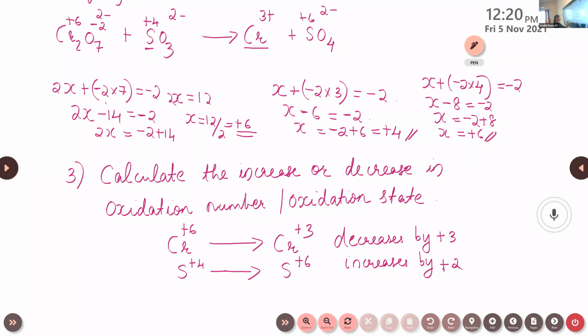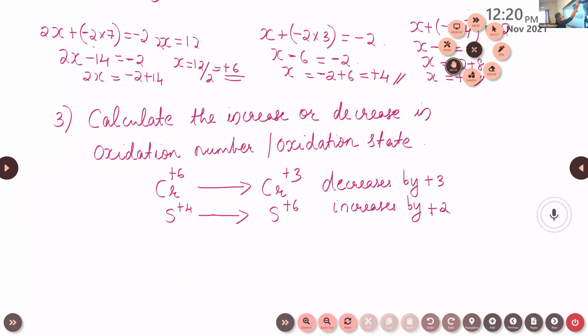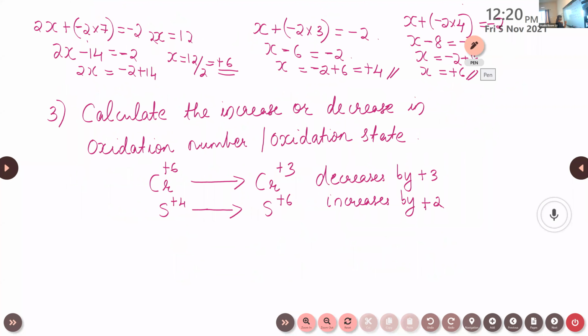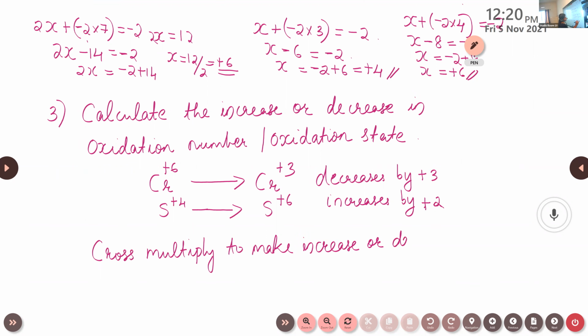Okay. Then in the same step, we have another thing. Here we have to cross multiply to make the increase or decrease in oxidation state equal.